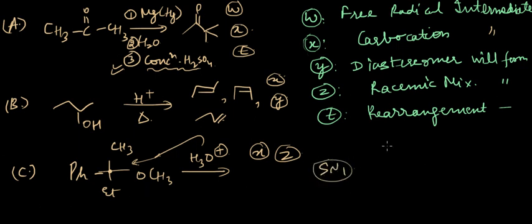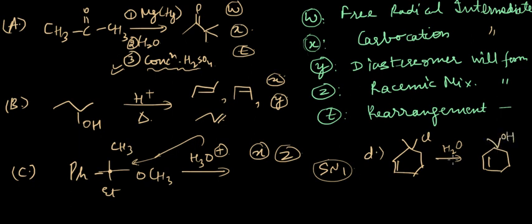Okay, let's take the last example where we have something like this, and in presence of H2O we are getting this compound as something like this and this. So again, there is no strong nucleophile in this reaction, only a polar protic solvent is there.